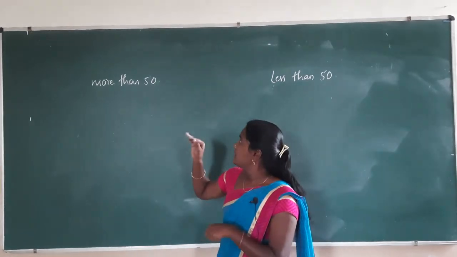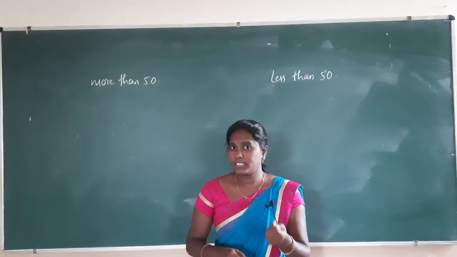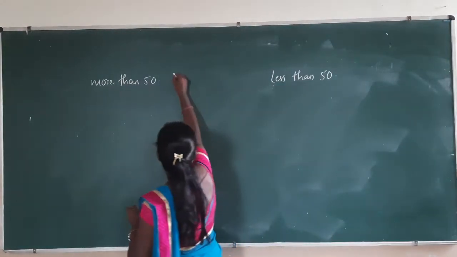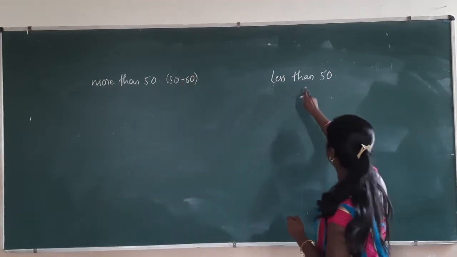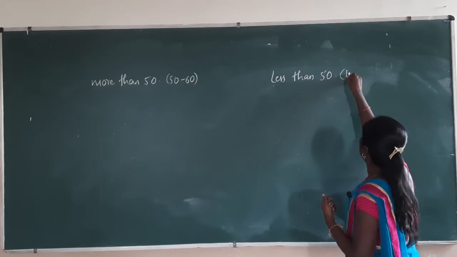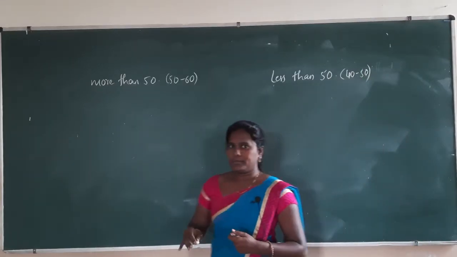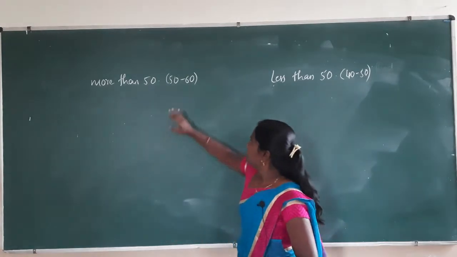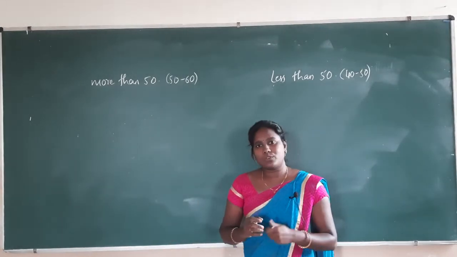If a number is 50 to 60, see, we are considering only 50 to 60. Here, less than 50 means I will consider only the numbers from 40 to 50. Are you getting me? More than 50, that is 50 to 60, whichever you want to consider, you can consider.